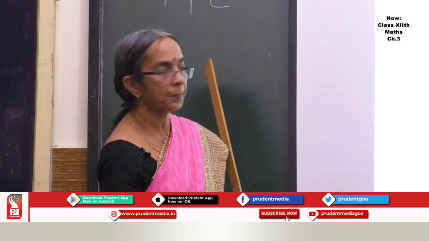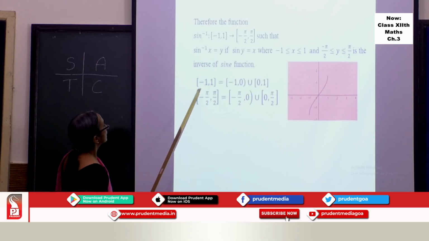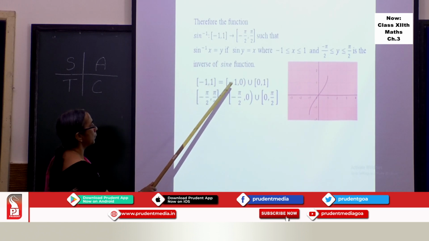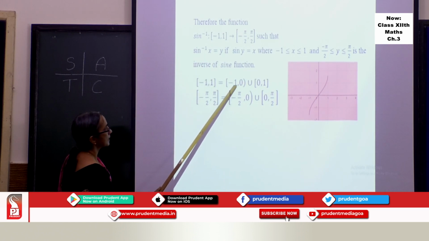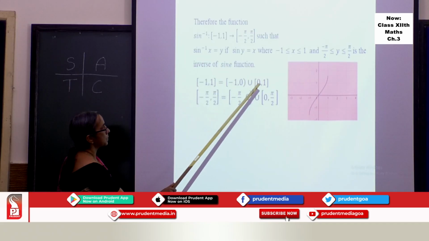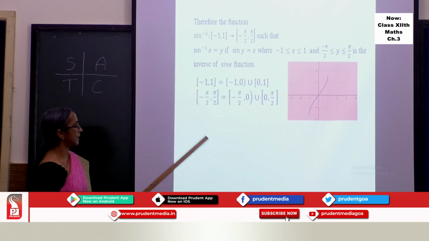Now, here you can write the domain minus 1 to 1 as a union of two intervals, minus 1 to 0 and 0 to 1. You are breaking it into two intervals.